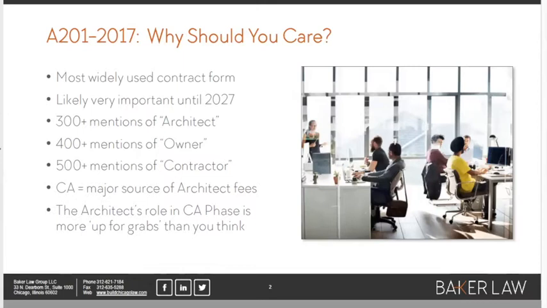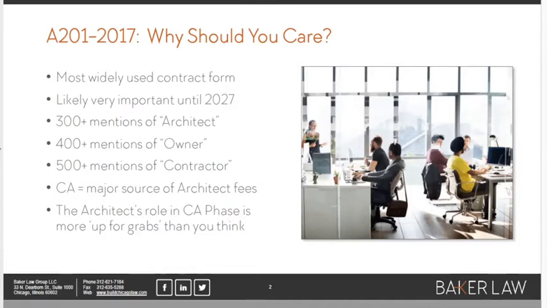If you put yourself in the shoes of a general contractor, do they want an architect reviewing and giving thumbs up or thumbs down on their pay applications? No, the GCs don't want the architect to do that. They just want to submit it to the owner.